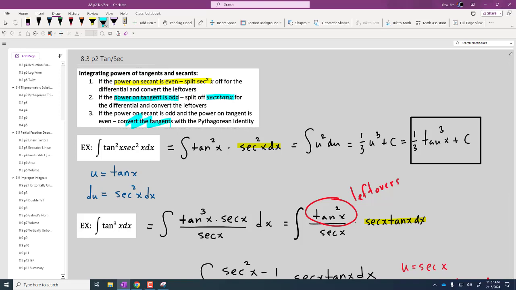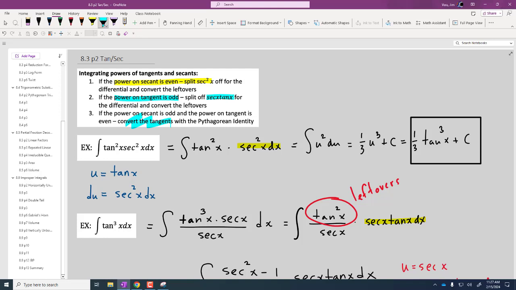We're converting the tangents because they have an even power, so they can be converted. Then there's a whole myriad of things that can happen. So usually, we hope that we don't have to. In that case, usually it will just come unraveling with Pythagorean substitutions. So the two main cases are secant even, tangent odd. Those are the main cases.